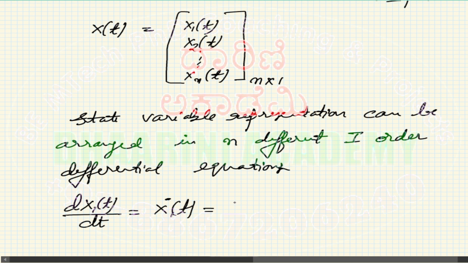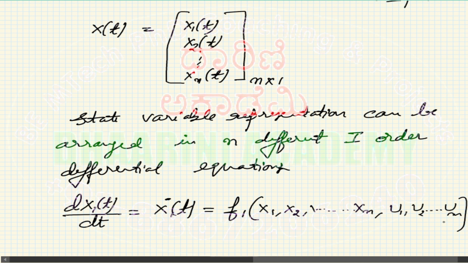Now on what parameters does this depend? I'll write it as f1, a function of all the initial conditions x1, x2, x3, up to xn. All the past values will decide what happens to the change, comma, all the inputs u1, u2, up to um. Are you fine with this?